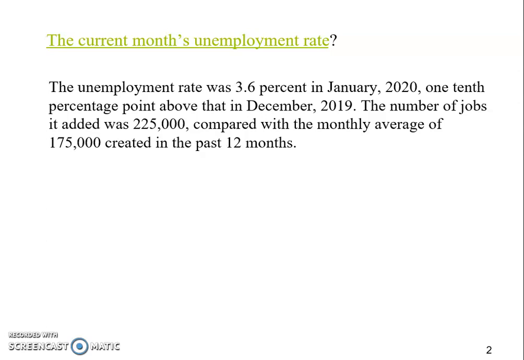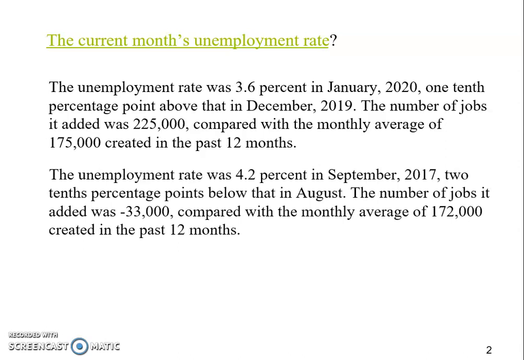Now let me show you one more. You can actually find a lot in the historical archives on the BLS. This is another one released on the first Friday in October 2017, so it reports the situation in September.